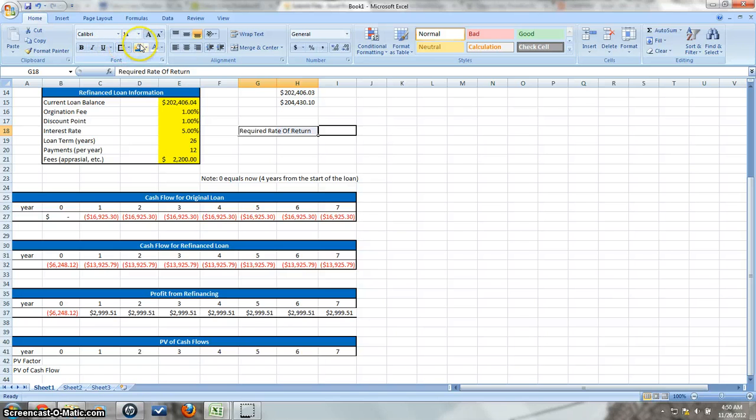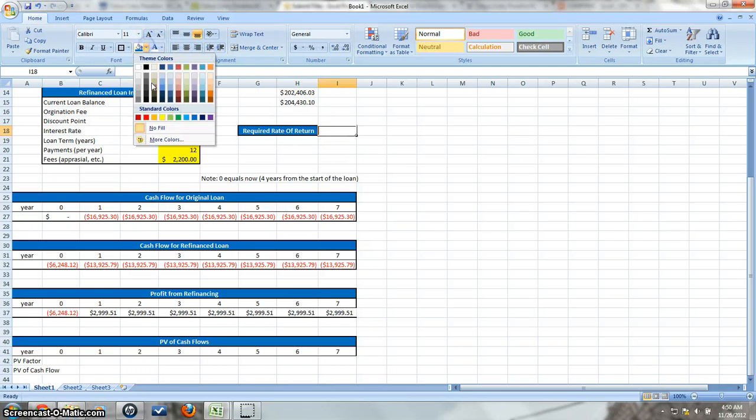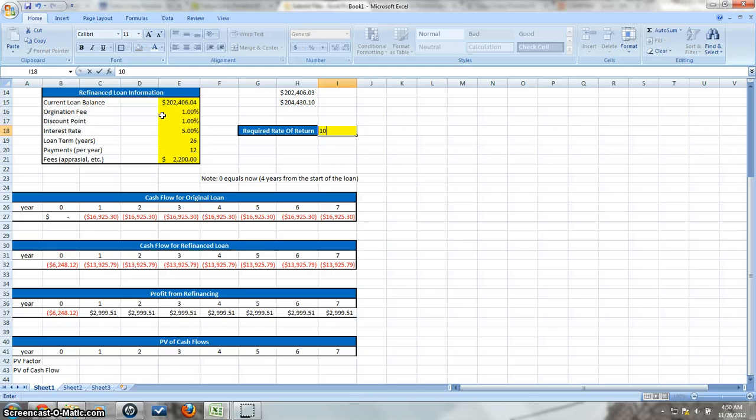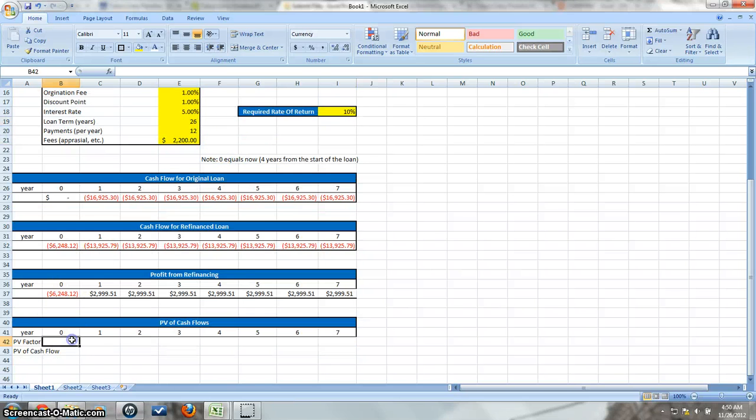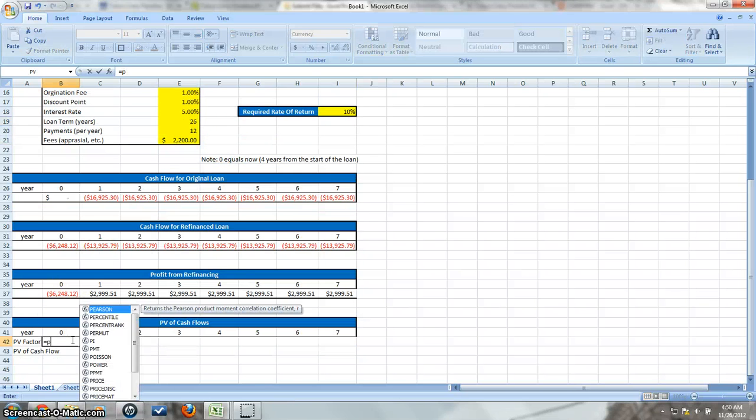Go ahead and fill that, make it white, bold it, merge and center, make this background yellow, and 10% is what your accountant told you. So we'll use that.